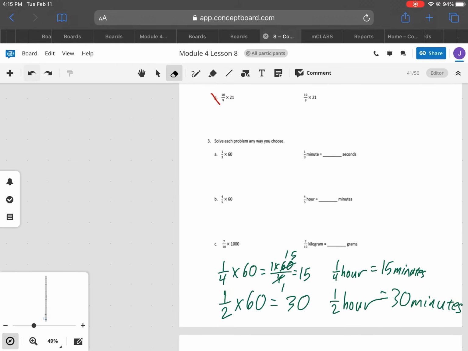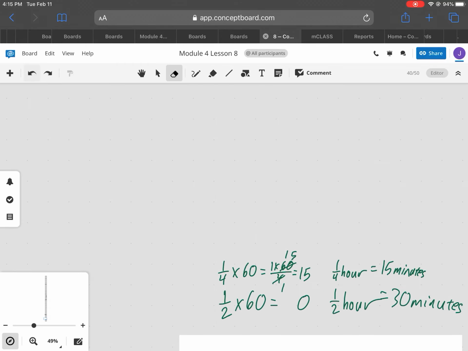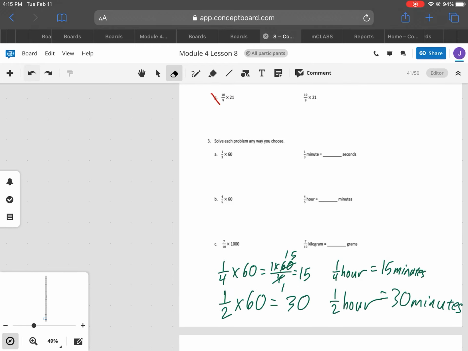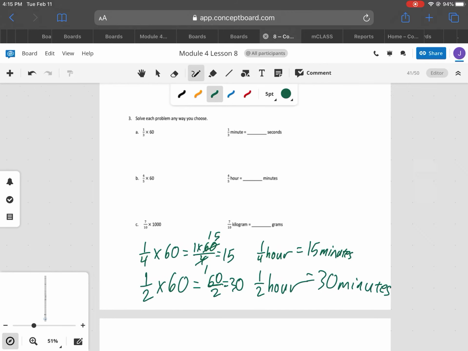That's what I was afraid of. Let me see if I can fix that here. I have it running also on my computer. All right, so let me do it. 60 divided by 2 equals 30. All right? I hope that's helpful.